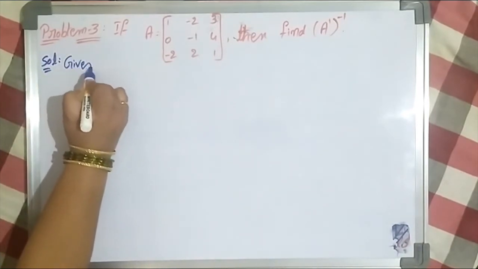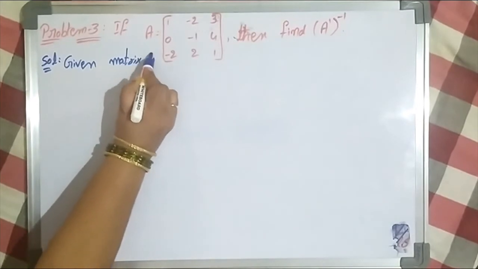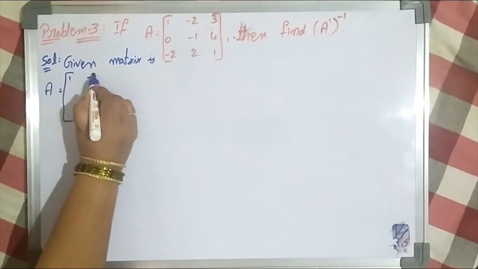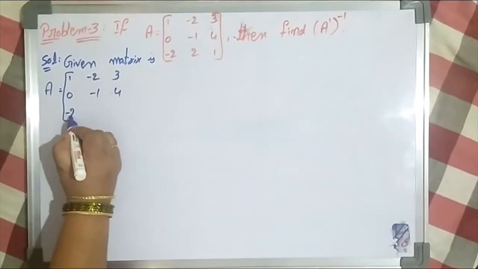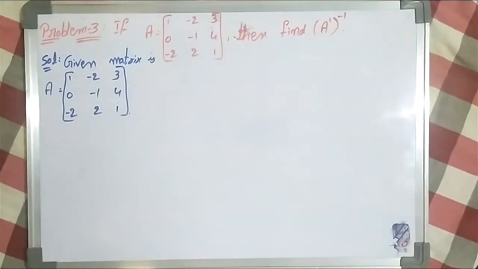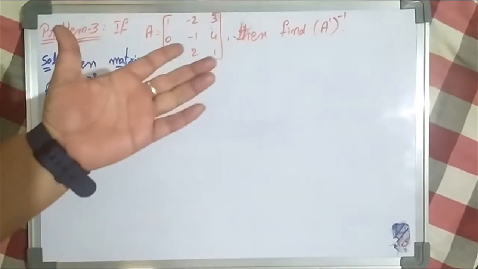The given matrix is A equals [1, minus 2, 3; 0, minus 1, 4; minus 2, 2, 1]. This is the given matrix. Next we have to find the transpose, because we have to find the inverse of the transpose of the given matrix.